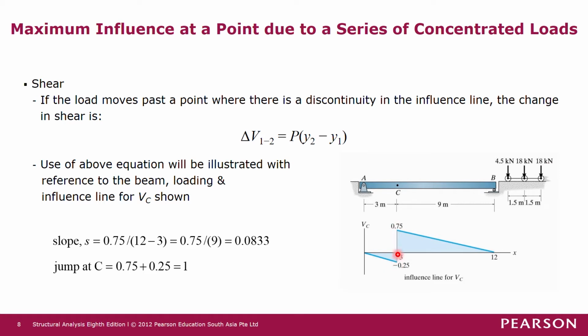The use of the above equation will be illustrated with reference to the beam, loading and influence line for VC as shown. In this case, the concentrated loads are moving from right to left, so they'll be moving on a positive slope if we look at the movement of the loads. Technically speaking, this corresponds to a negative slope in a function.